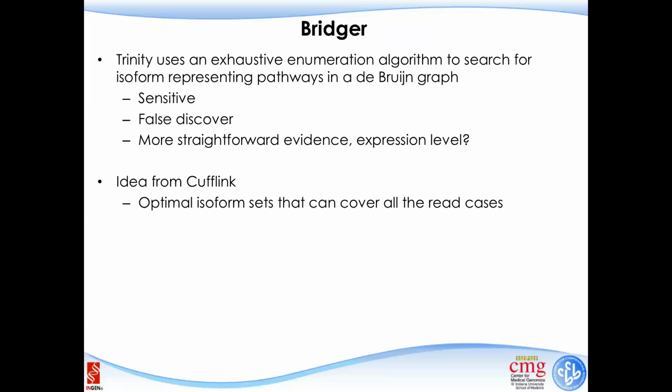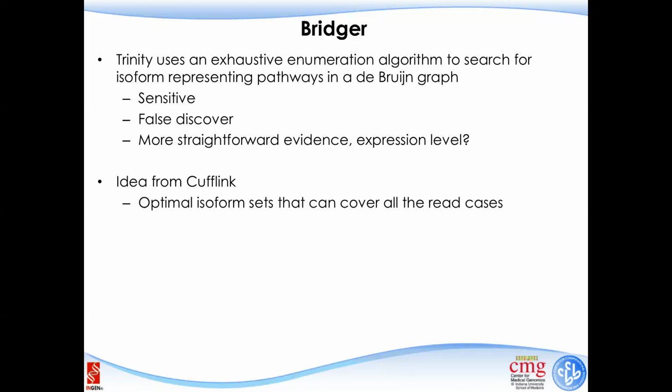The first one is that Trinity uses an exhaustive enumeration algorithm to search for isoform-representing paths in the de Bruijn graph. It is very sensitive. However, because it does an exhaustive search, it can cause some false discoveries due to data contamination or falsely linked graphs.